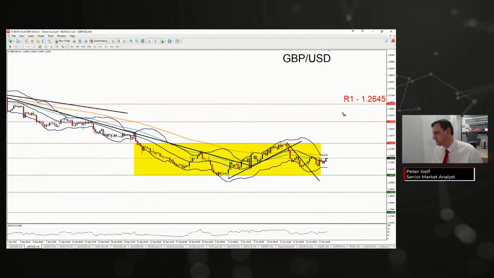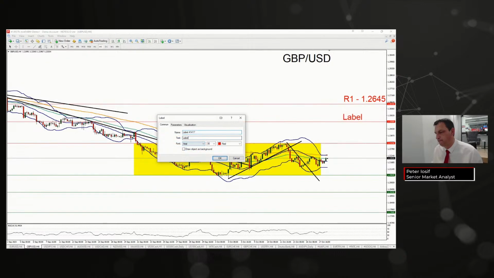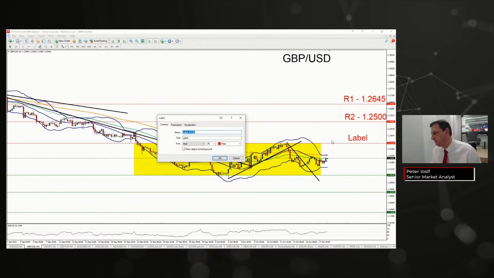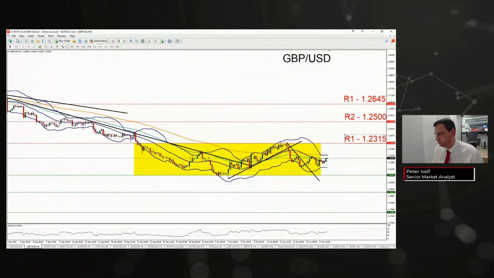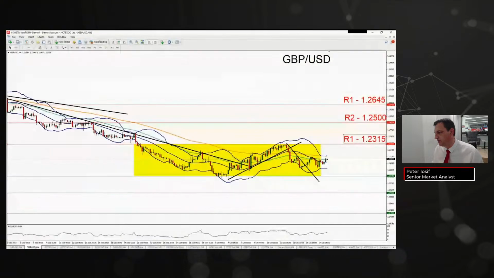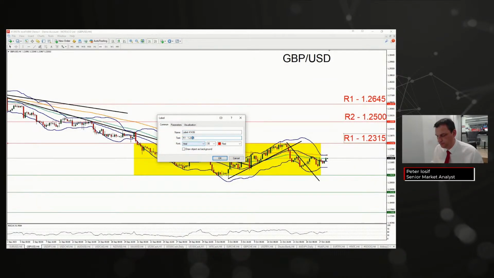Moving now to the second resistance line, being the 1.25. And the first resistance line being the 1.2315. Sorry, that's the 1.2325. My mistake. There you go.